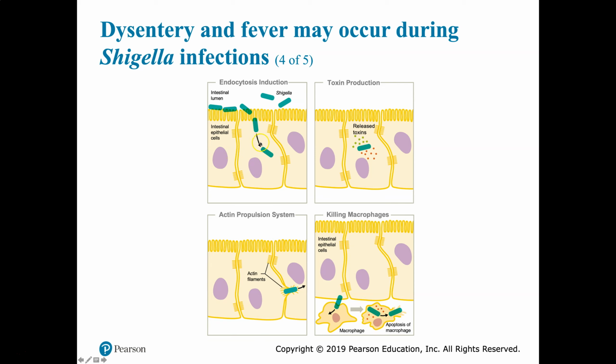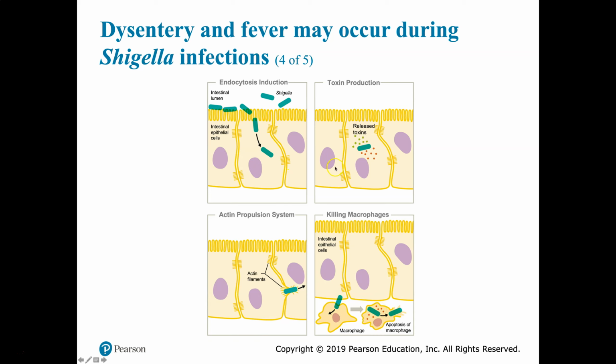It invades them and can move from one cell to the next. And then lastly, it can actually kill macrophages. A macrophage can phagocytose this, and this organism will release some toxins and trigger apoptosis of the macrophage, so it kills the macrophage.